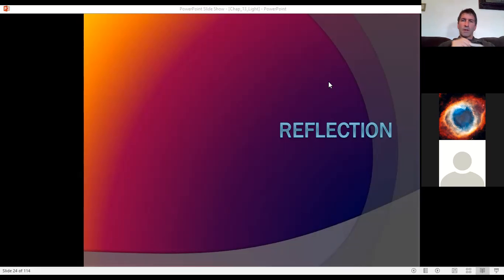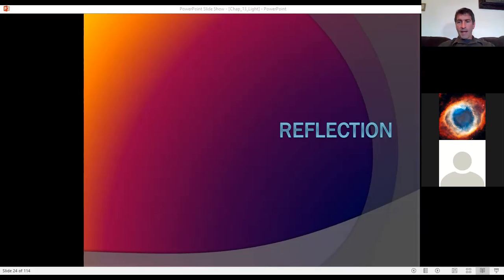Specifically, we're talking about the properties of how visible light, part of the electromagnetic spectrum, interacts with matter, how it can be absorbed, how it can be emitted, how it can create a more complex interaction we call fluorescence, how it can reflect off of things, and how it can refract through transparent media. So we're going to talk a little bit about reflection today, and refraction.